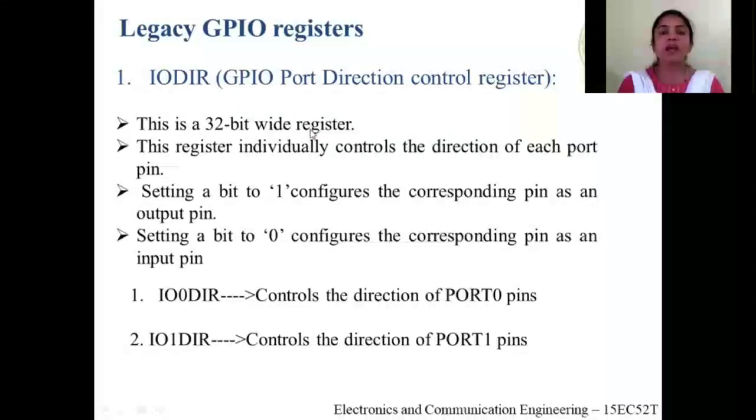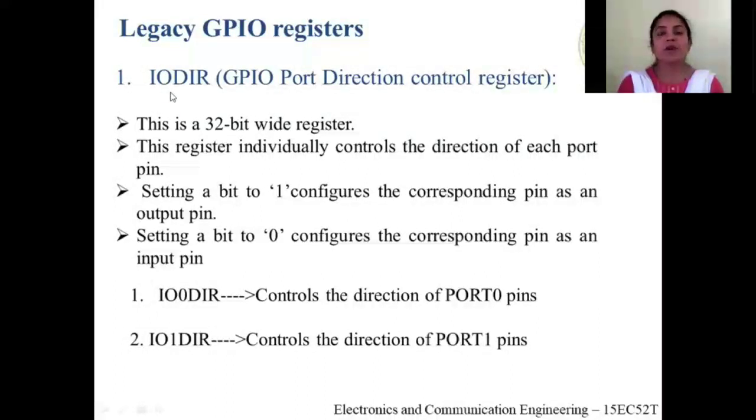To control the entire port pins, we need a 32-bit register. Therefore, all legacy group registers and enhanced feature registers are 32-bit wide registers. So this IODIR is used to control the direction of port pins. In port 0 and port 1, pin directions are controlled by the IODIR.